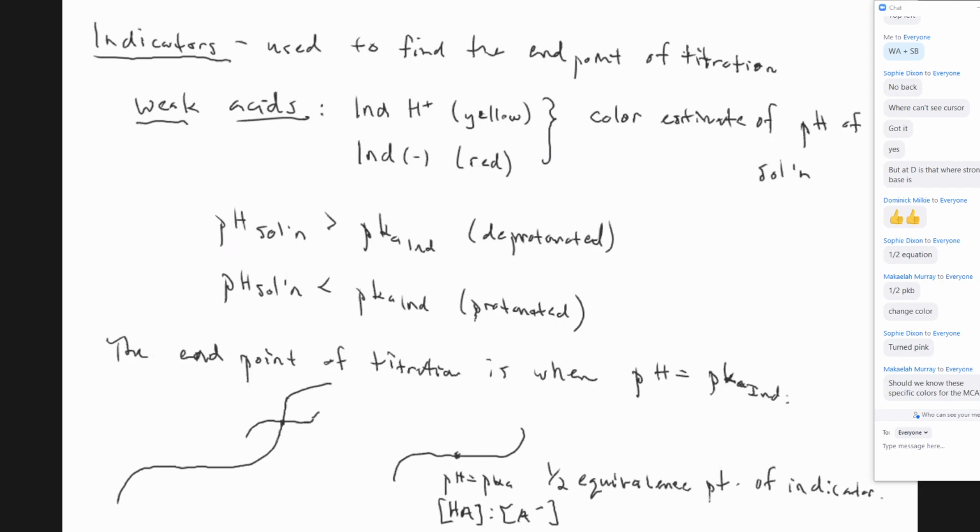It actually says half equivalence point of the indicator, and at that point, the concentration of HA is equal to A minus. This is the thing that I wrote at the bottom. They're equal to each other. It's a 1:1 ratio at that point.